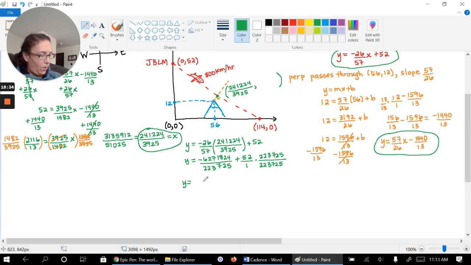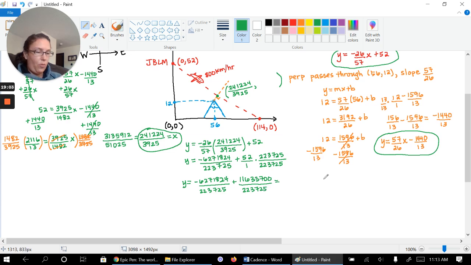So y is going to equal, this first fraction stays the same, and then the second fraction, 52 times 223725, is 11633700 over the same denominator.